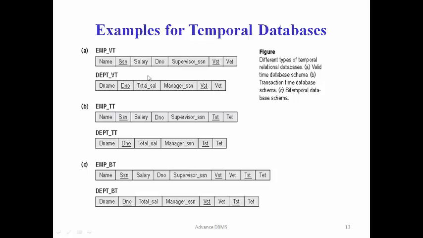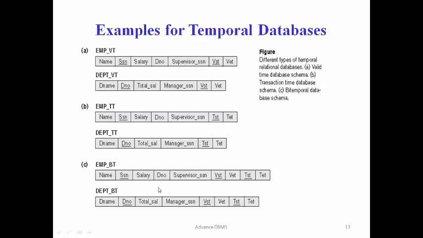So this is the example for valid time temporal databases, figures A and B. And this is transaction time. Table B indicates the databases associated with the transactions. Here TST indicates transaction start time, and transaction end time, similar to the department table also.